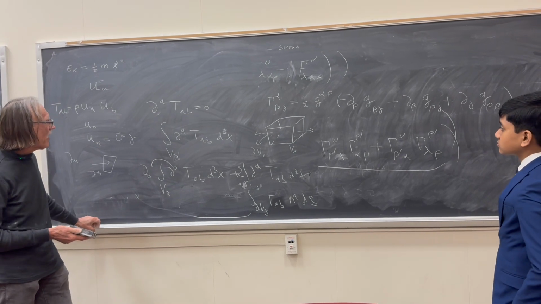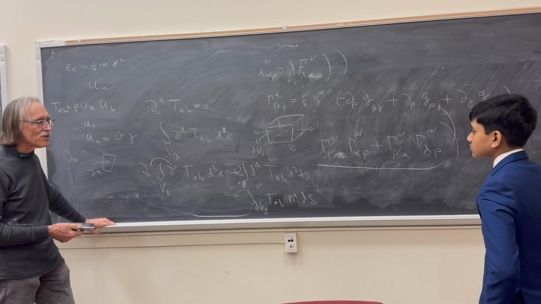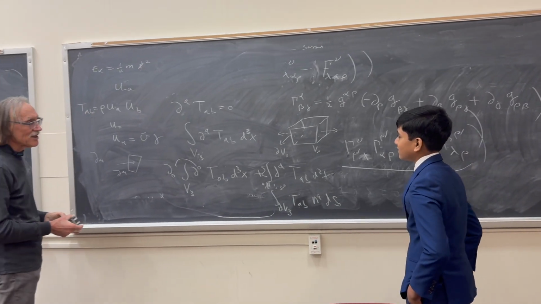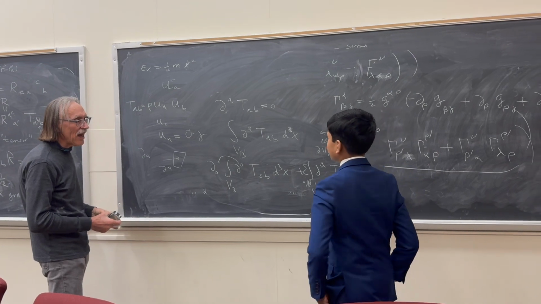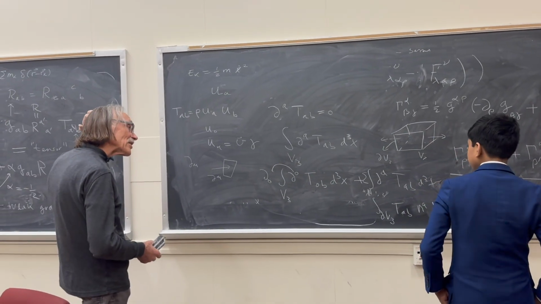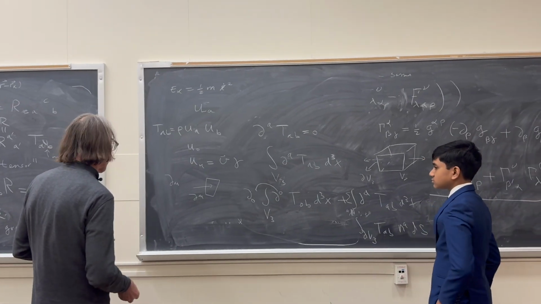Normally, you don't really think about it that much. You just know that this is the case, and you use it. But if you want to do real computations, you have to use it.